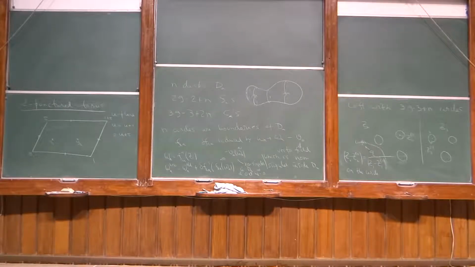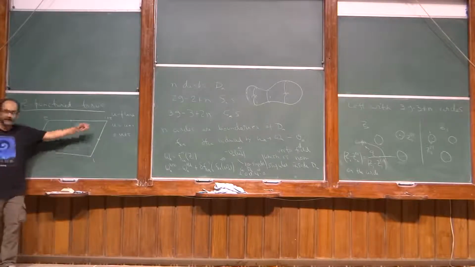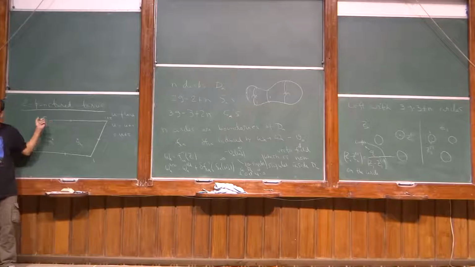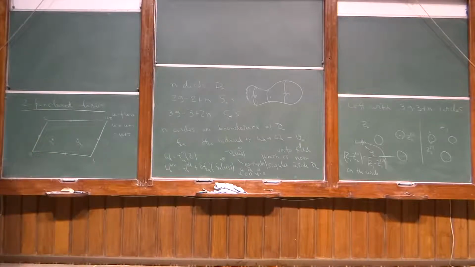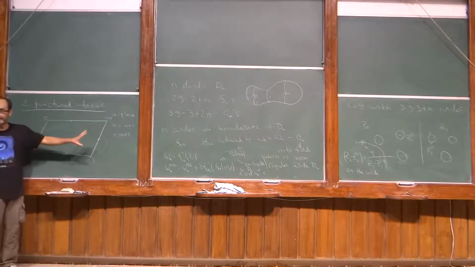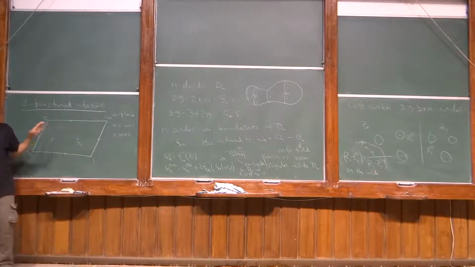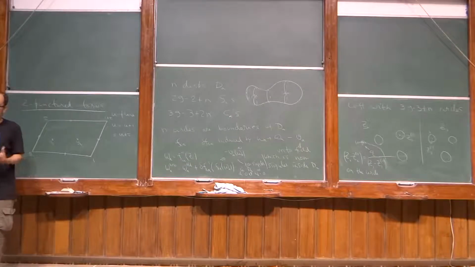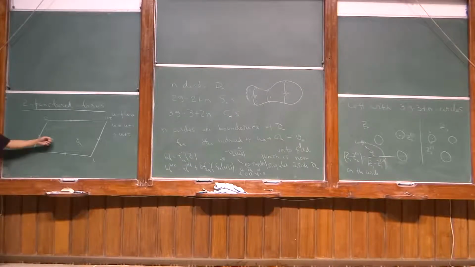Now for 2 punctured torus, the number of complex moduli is 2. One is this parameter tau, okay, which is the parameter of the torus. Naively, on a 2 punctured torus, you have 2 punctures, so 2 complex parameters, one from each puncture. But torus has a translation symmetry, okay, just like the sphere had the SL(2,C) symmetry. Okay. And this translation symmetry allows us to fix one of the punctures.